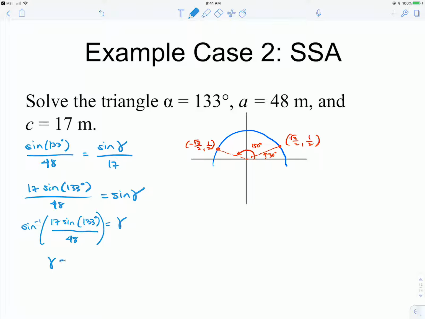So if we find what gamma is by typing this into our calculator, I get gamma is approximately 15.0120 degrees.